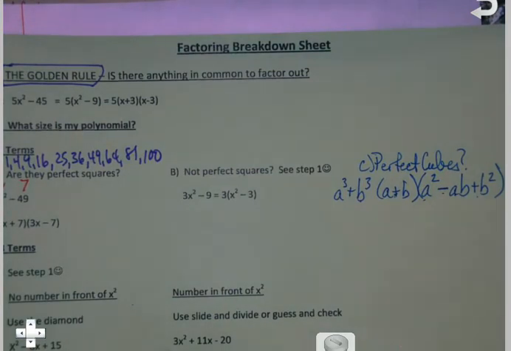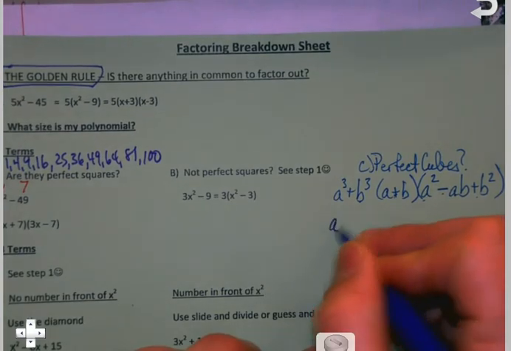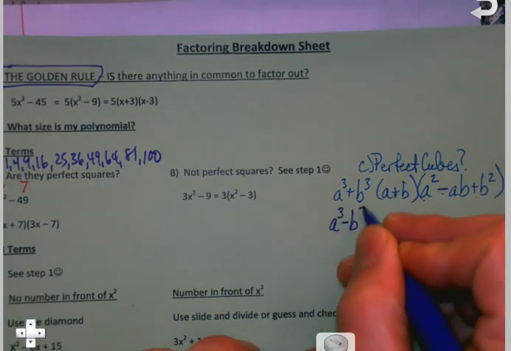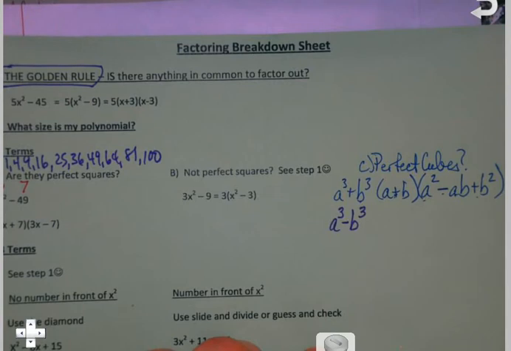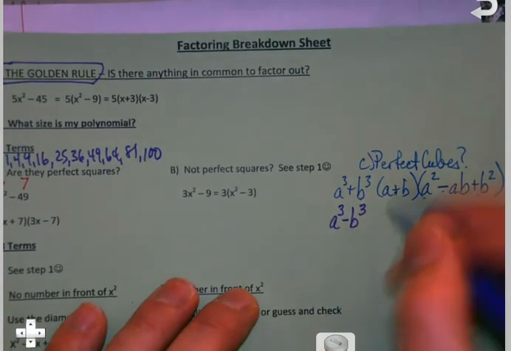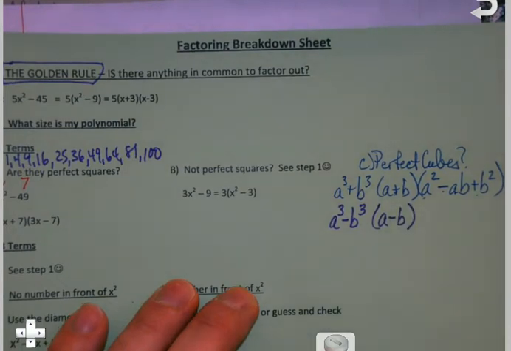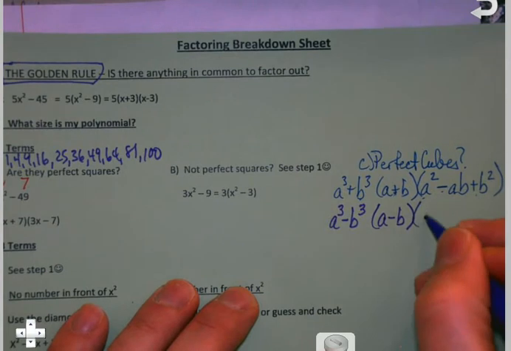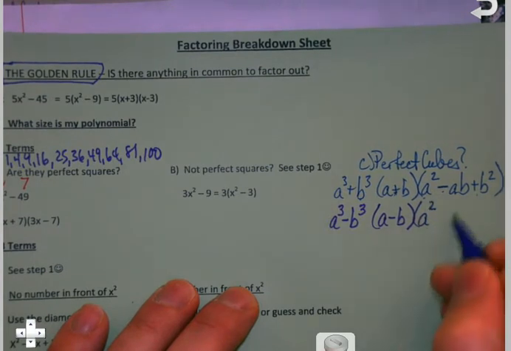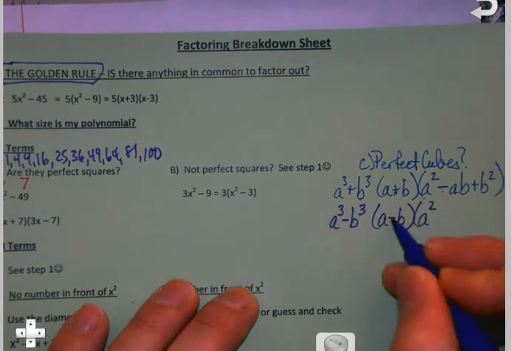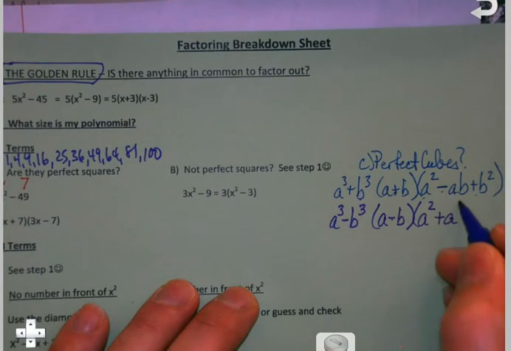And I'd have the same type of pattern if I had a difference of cubes. The only difference, no pun intended, if it's a difference of cubes, is that my first quantity, my first set of parentheses, would be minus, and then when I got to my product in this second part, the sign switch would make it plus.